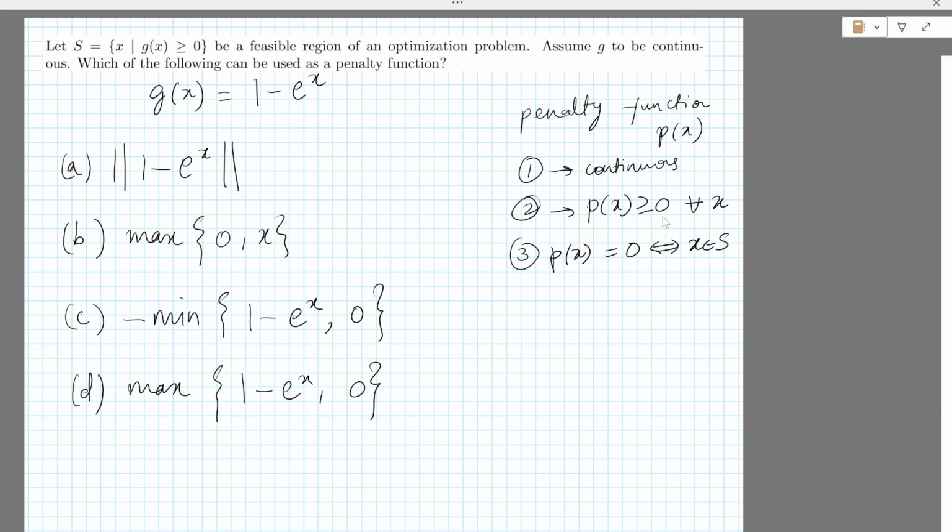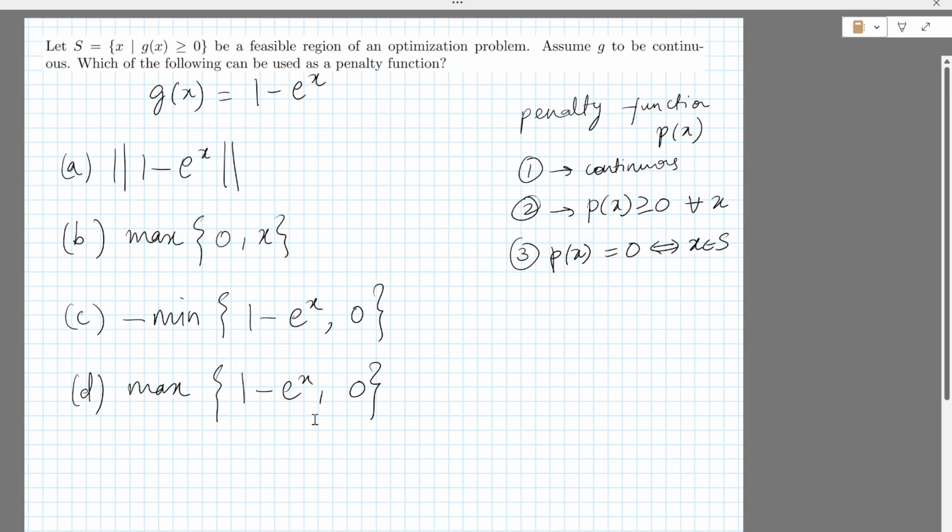Okay. So we just need to check whether all these functions seem continuous, right? I think these are not continuous. Okay, these are also continuous only.